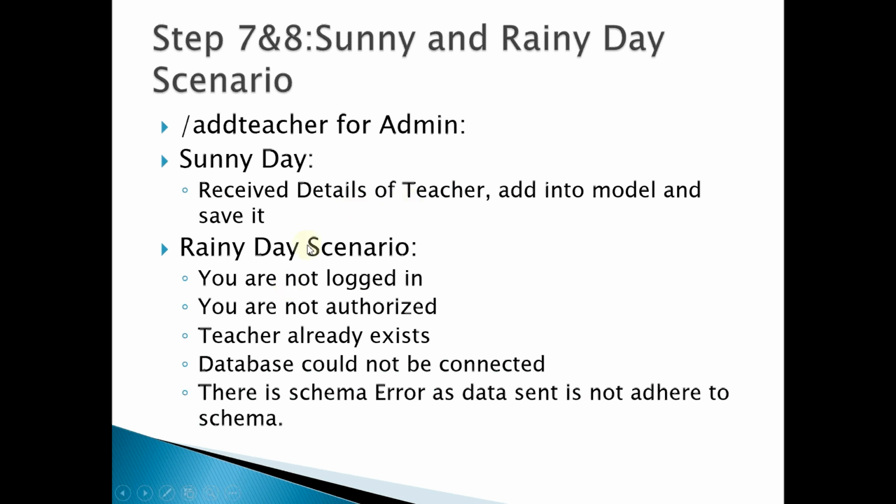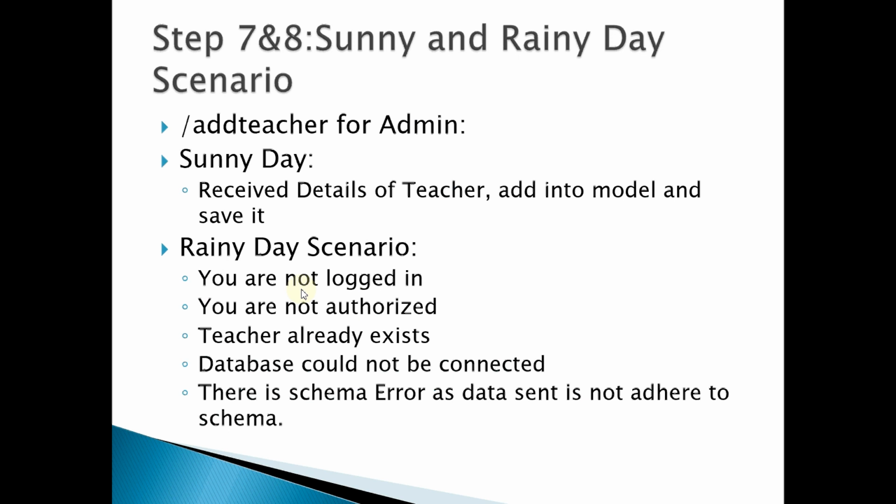Second, he may be logged in but not an admin. He can be a student who is trying to send that information into our system. So in this case, we will check the authorization of that student in our user router, as I have a validate route there. If he is not authorized, we will send him the response message, you are not authorized.